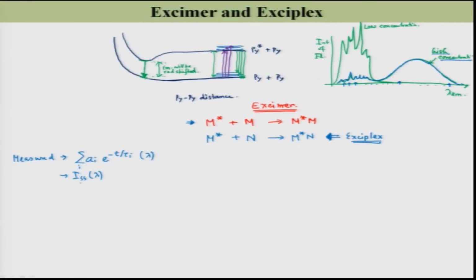So, from there you can easily determine the time resolved emission spectra, right, and that, you remember I told you, intensity is a function of lambda and time, right. So, this is equal to I steady state divided by sum over A_i tau_i, into sum over A_i e to the power minus t by tau_i, right. So, this is obviously for a particular lambda I am talking about, and this is my time profile.